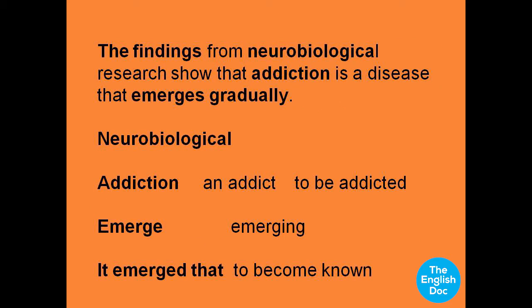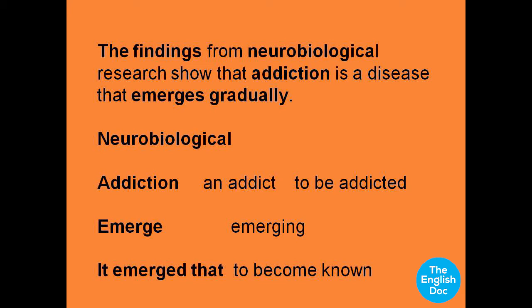Now let's look at it a little closer. The findings from neurobiological research show that addiction is a disease that emerges gradually. Notice that the findings end in -ing. It is a noun, but this type of noun is called a verbal noun because it comes from the verb to find.